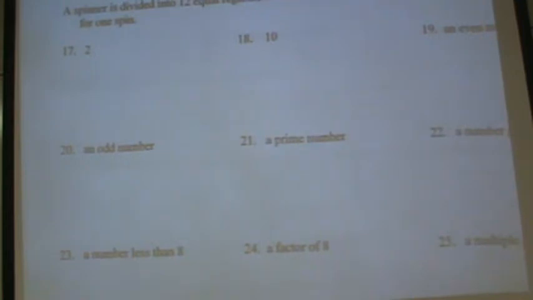So number 17. A spinner is divided into 12 equal regions numbered 1 through 12. Find the probability of each event for one spin. So again, your entire set is 1 through 12. So for 17, we're looking for the probability that you get a 2.